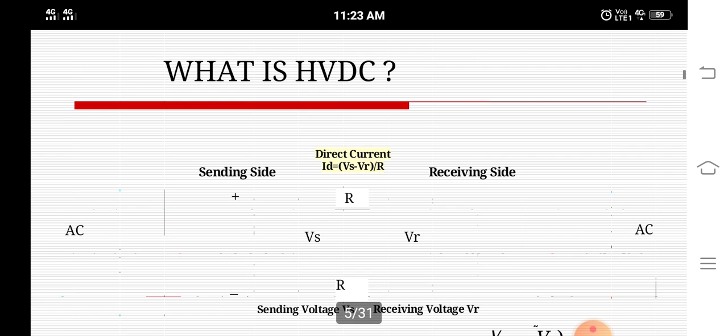This is what HVDC is. HVDC has two sides: one is the sending end side, another is the receiving end side. Both sides can transmit direct current without producing any losses across them.